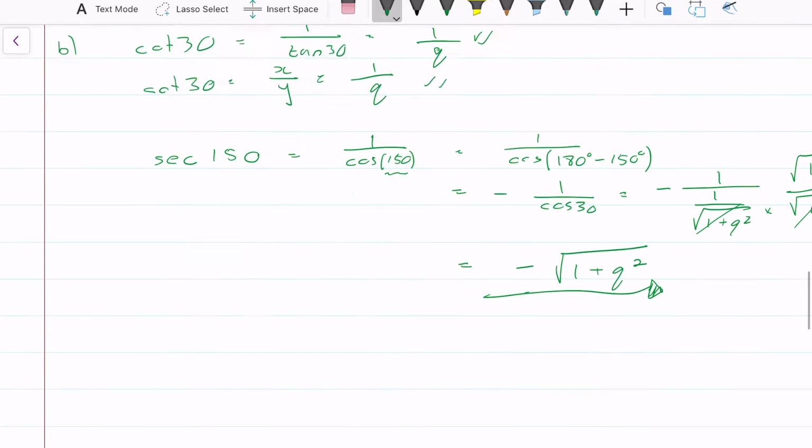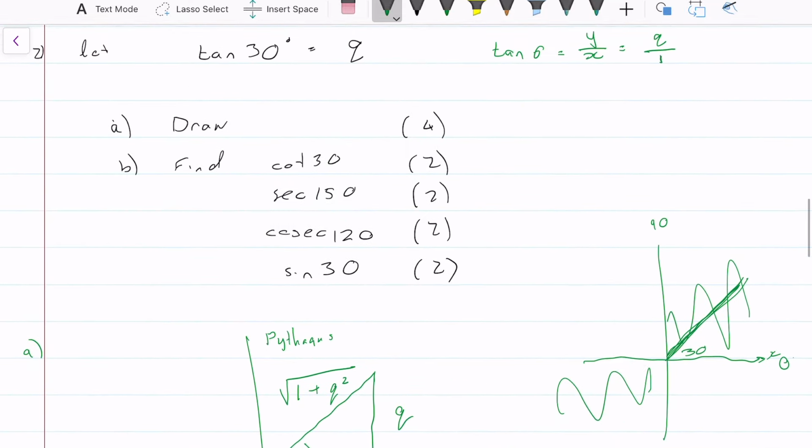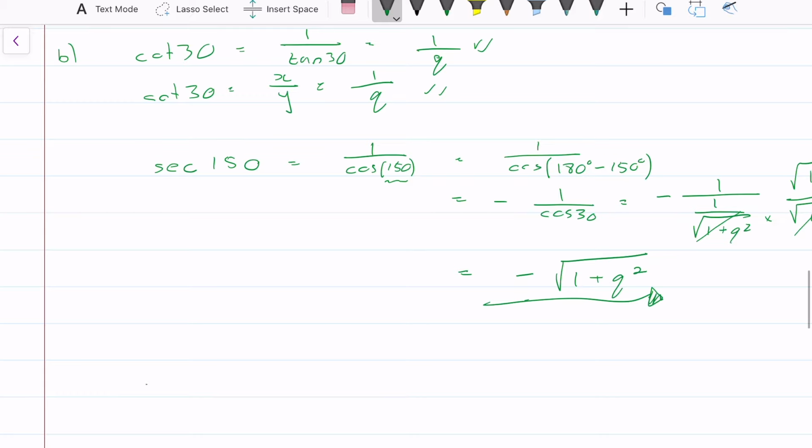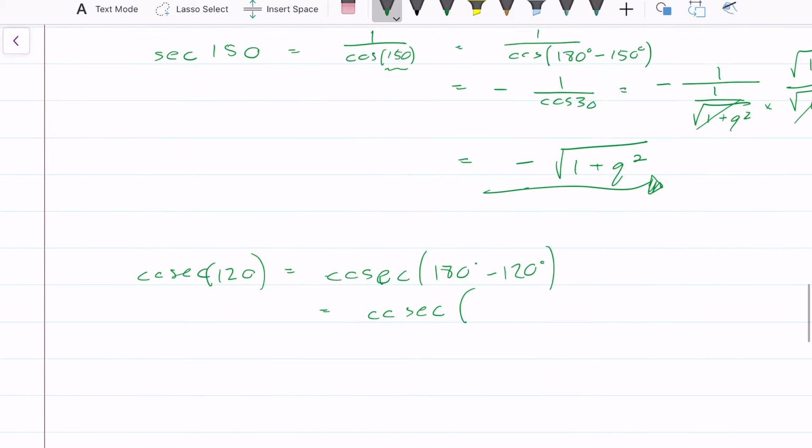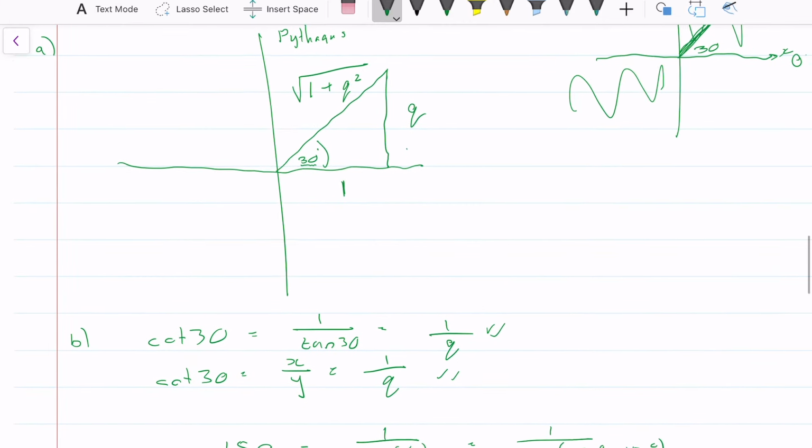Cool stuff. The next question we have is cosec 120, which we can go 180 degrees minus 120 degrees gives us cosec 60 degrees. This doesn't really give us what we want.